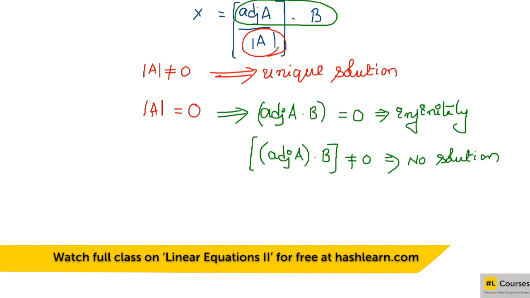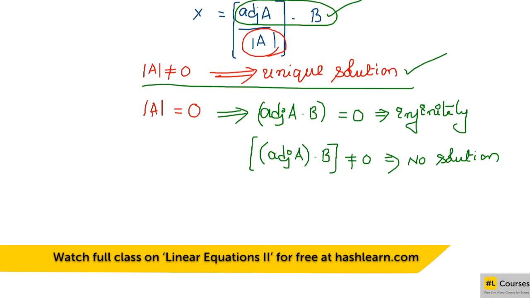So once again I am telling you, if the determinant value is not equal to 0, then there is a unique solution. If the determinant is becoming 0, you have to calculate the numerator, adjoint A into B. While you are calculating, there you will get two cases: one is equal to 0, the other one is not equal to 0.